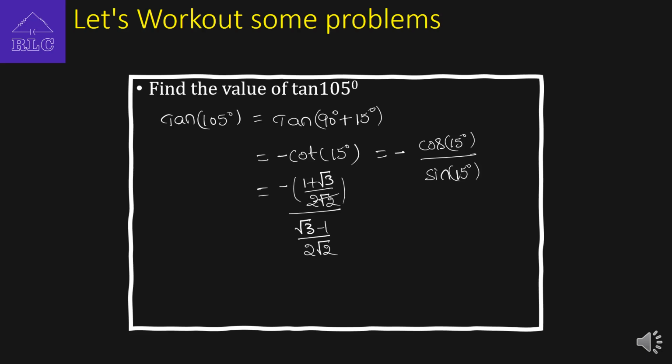So 2 root 2 and 2 root 2 get cancelled here, which gives 1 plus root 3 divided by 1 minus root 3. So finally we got tan 105 degrees as 1 plus root 3 divided by 1 minus root 3.